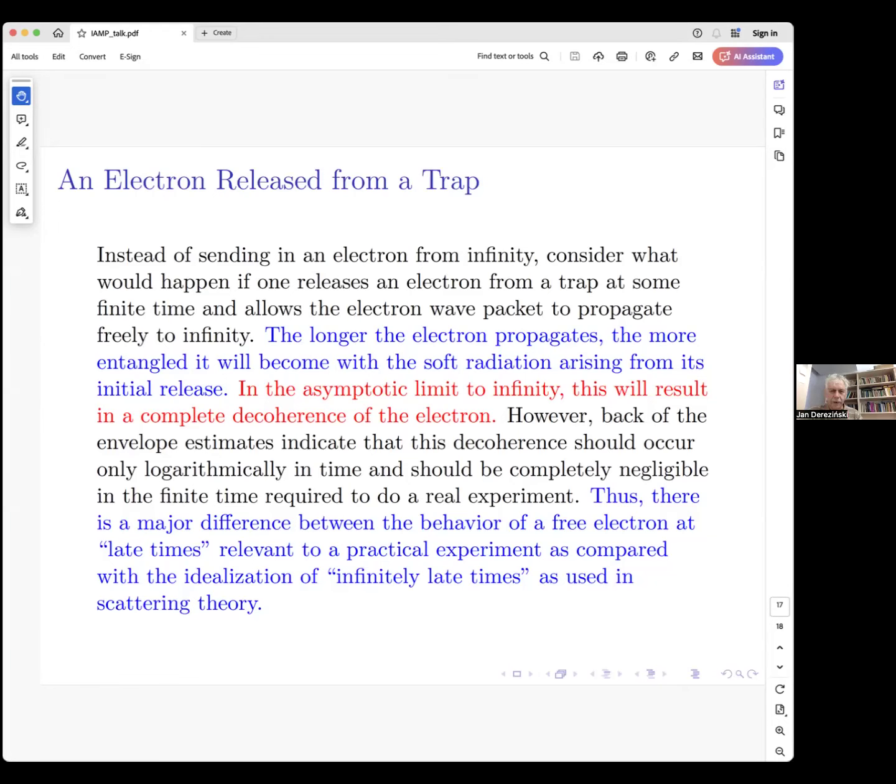Oh, okay. Yeah, one does not know how to quantize nonlinear gravity anyway, so yeah. Okay, thank you.